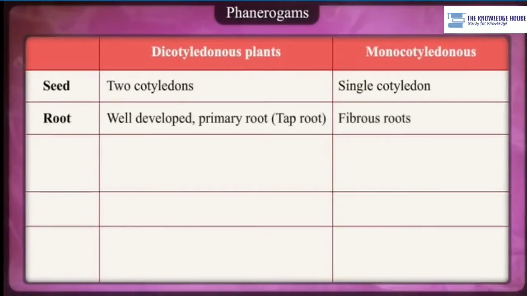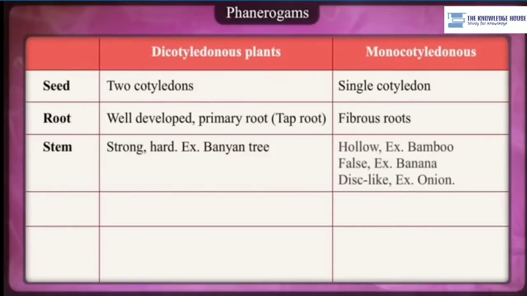monocotyledonous, fibrous roots. Stem: dicotyledonous plants, strong, hard, example banyan tree; monocotyledonous, hollow, example bamboo, false, example banana, disc-like, example onion.